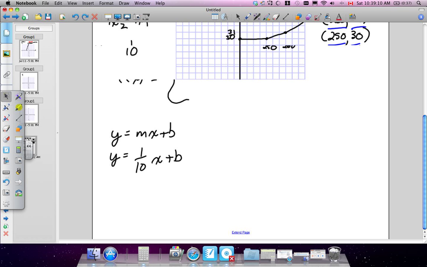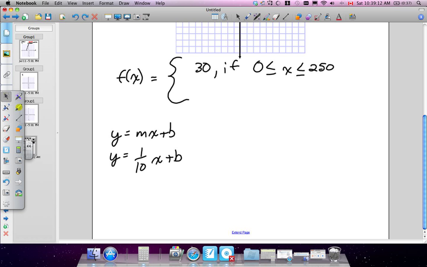So we know one of the coordinates was 250 and 30. Okay? I'm going to plug 250 in for x and 30 in for y, and then solve for b. So I have 30 is equal to 1 over 10 times 250 plus b. From there, I just have to work out the algebra.